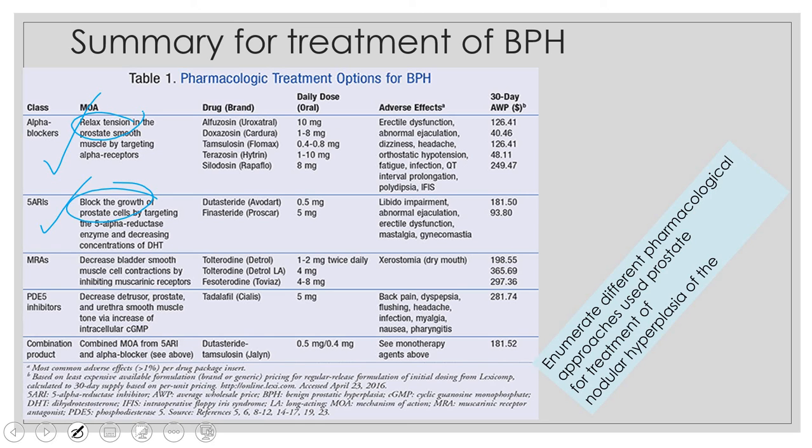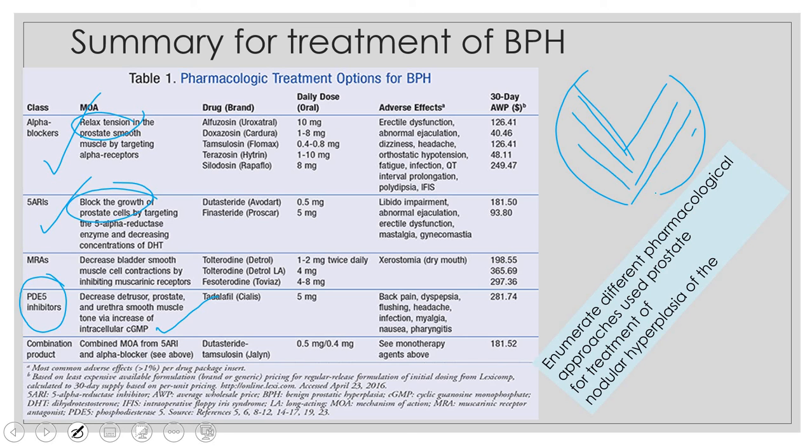Adrenergic tone is decreased, and the phosphodiesterase inhibitors decrease the detrusor, prostate and urethral smooth muscle tone, while increasing the intracellular cGMP, cyclic guanosine monophosphate, which has a relaxing effect. If this is the bladder, it has these detrusor muscles, which relax through stimulation of cyclic GMP.